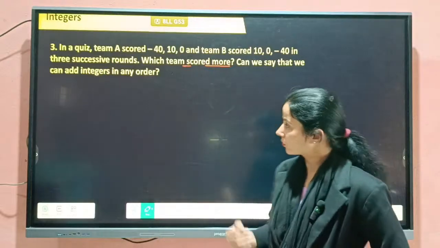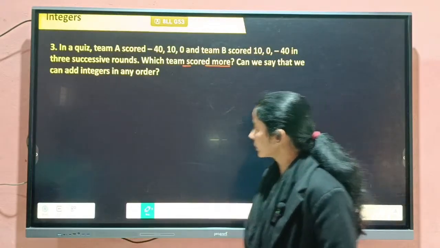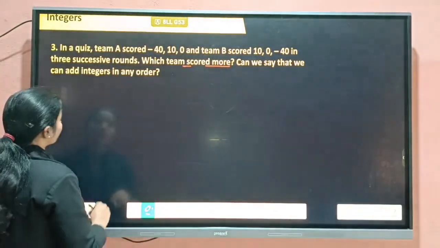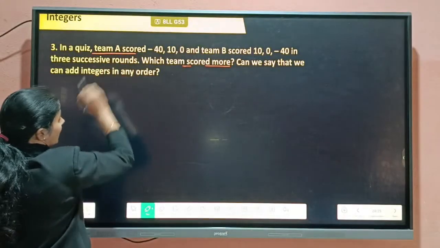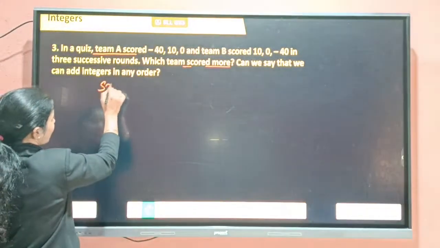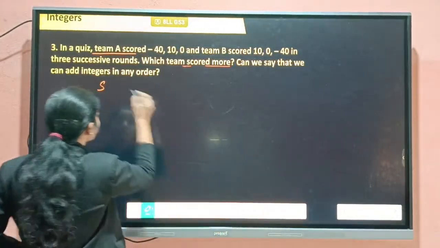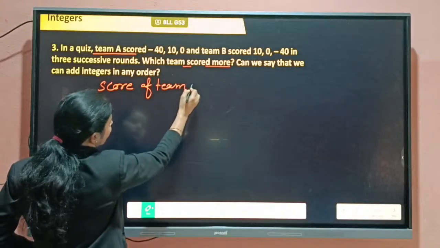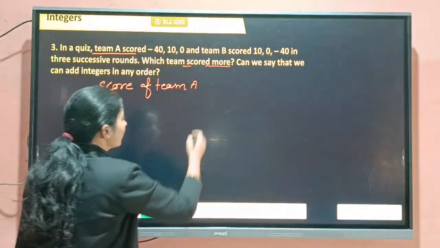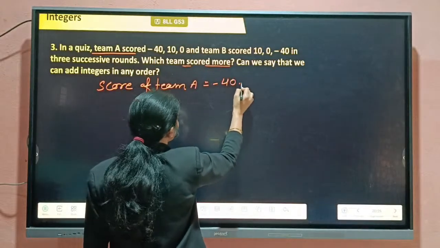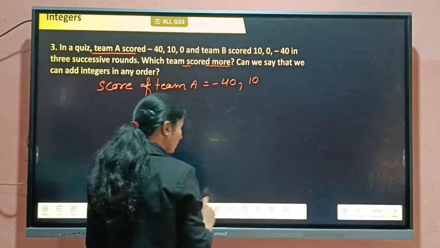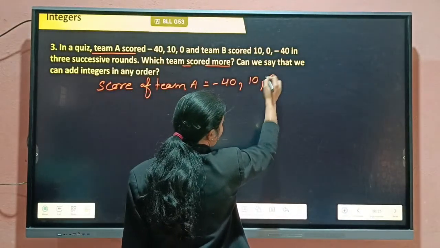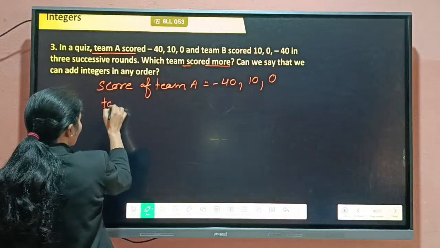Whether there is any effect or change on the sum by changing its order, we have to tell at the end of this question. Let us see team A's score. You will write the score of team A. This is minus 40, and in all 3 successive rounds, minus 40, 10 and 0.